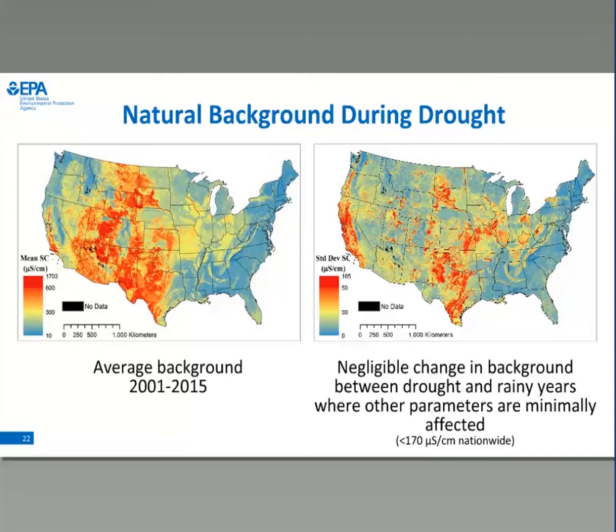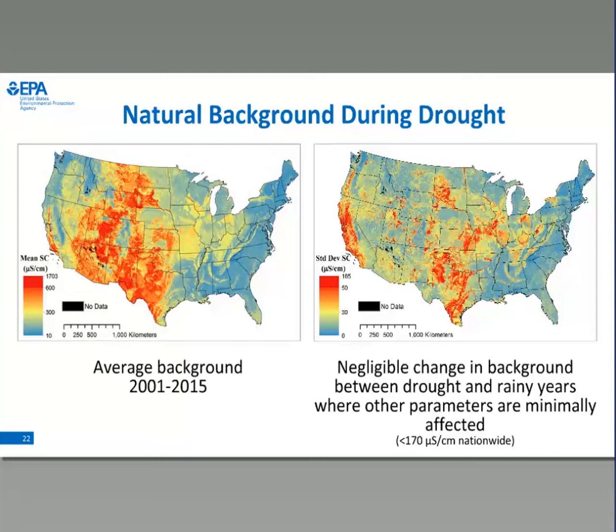So how can we use this on a national scale? One way we used it was to look at how background is expected to change with drought. And what we can see is that there's very little change. There's some change, but not huge.